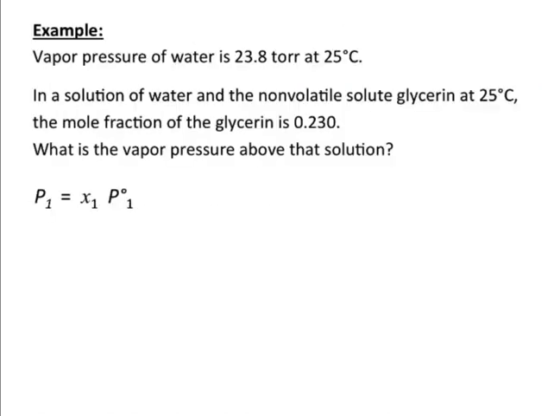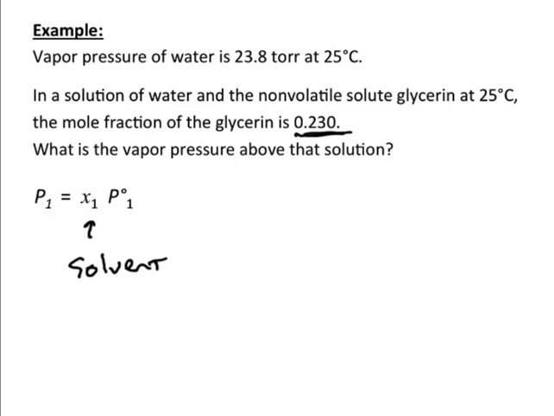So a quick example, the vapor pressure of water is 23.8 torr at some temperature. Now, if you put a non-volatile solute glycerin in, what's the new vapor pressure going to be? So the trick here is that this mole fraction is of the solute, and we want to know the mole fraction of the solvent here. And in order to do that, you need to realize that the solute plus the solvent, their mole fractions, will equal 1.